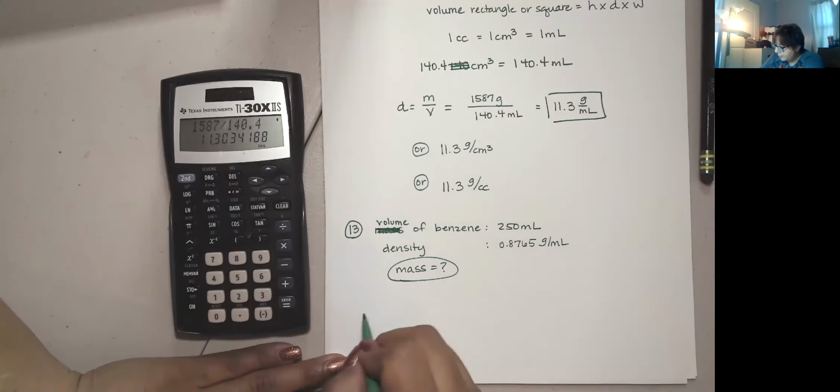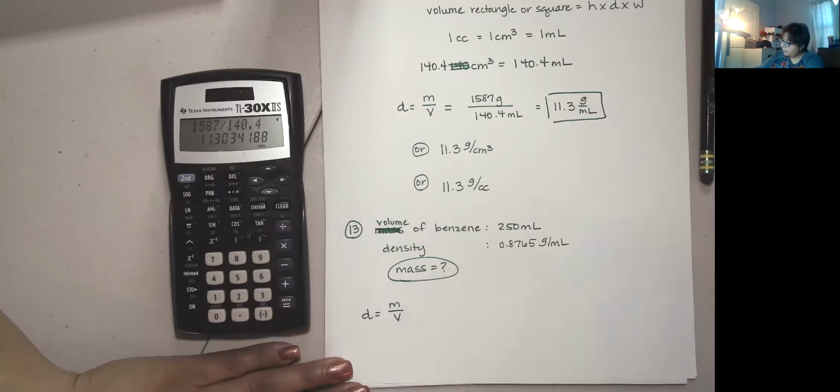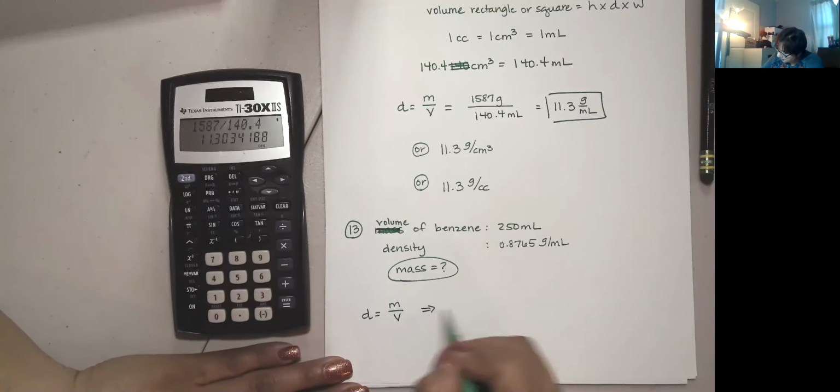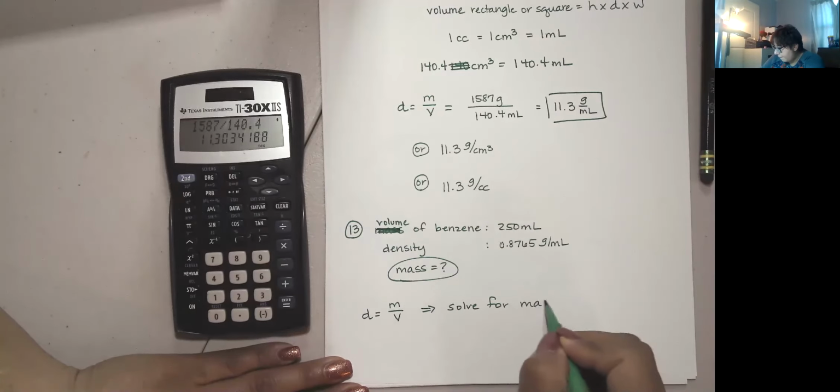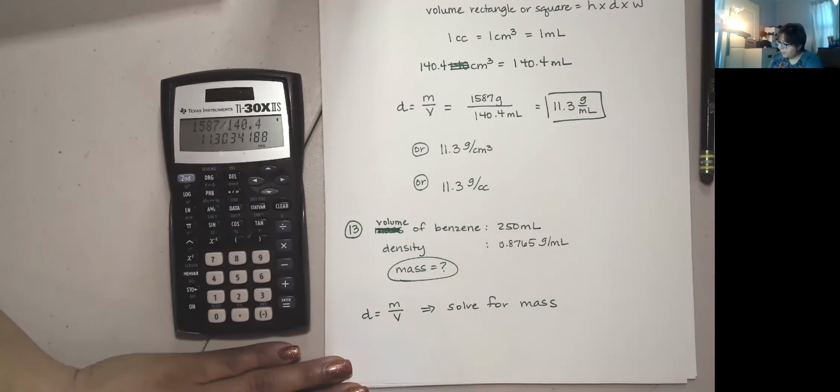Well, we're going to rearrange our density is mass over volume in order to solve for mass. So if volume is down here at the bottom, I can do this.